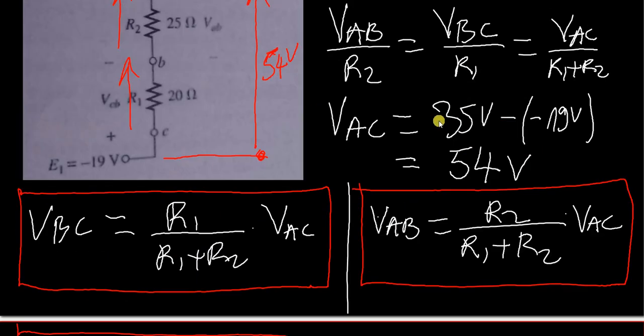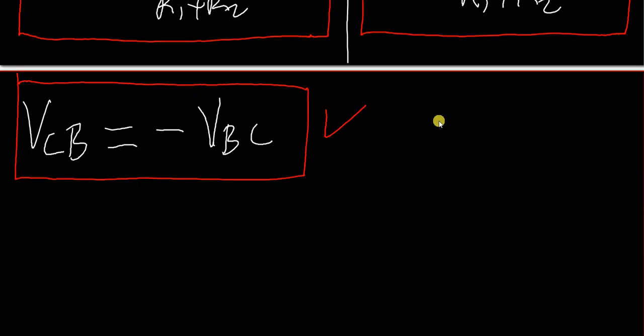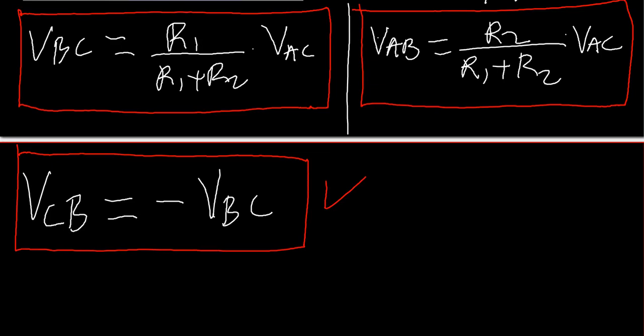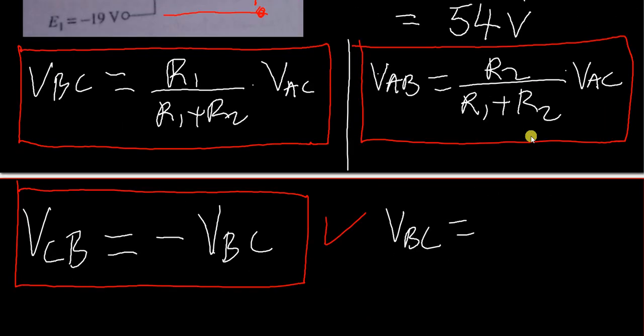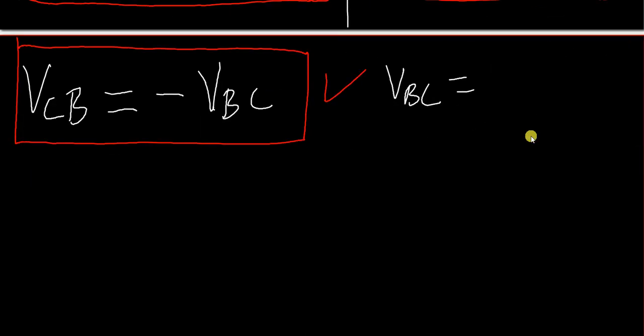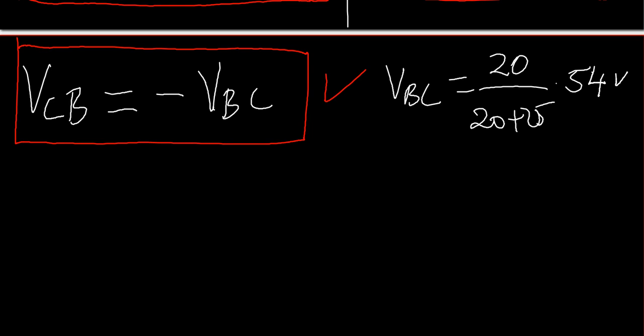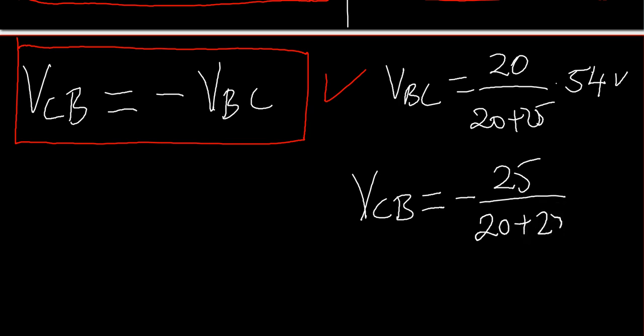Here we have both the two resistors, 20 and 25. Means that if you apply it very well, VBC is equal to R1, and R1 is equal to 20. 20 divided by 20 plus 25 multiplied by 54 volt, and VCB will be equal to negative 25 over 20 plus 25 multiplied by 54 volt.